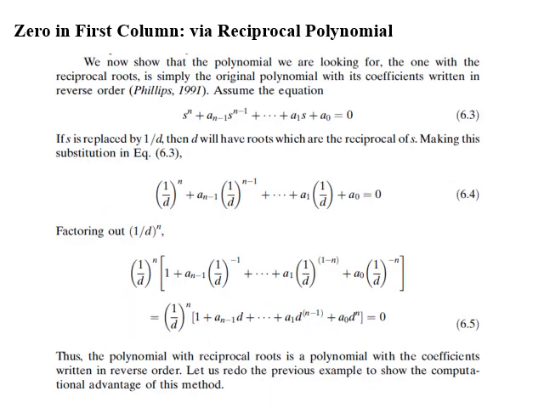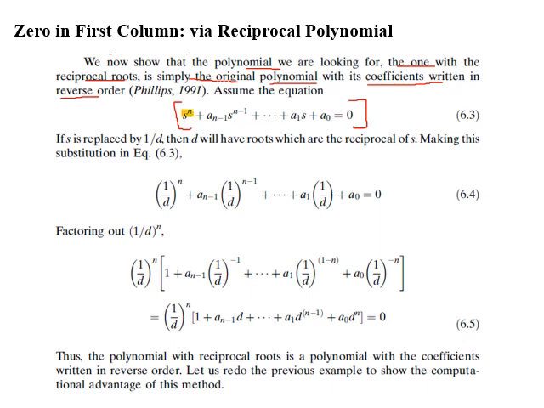Students, now we will study how to make a reciprocal polynomial. A reciprocal polynomial has roots reciprocal to the original polynomial, and this can be simply found by writing the coefficients of the original polynomial in reverse order. If you look at equation 6.3, which is s to the power n plus a(n-1) multiplied by s to the power n minus 1, up to a0, equals 0.